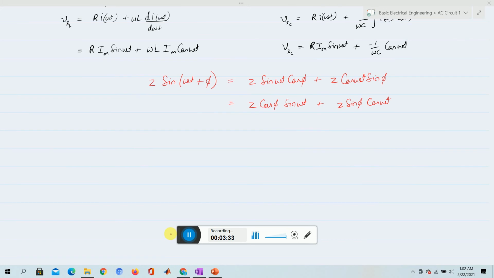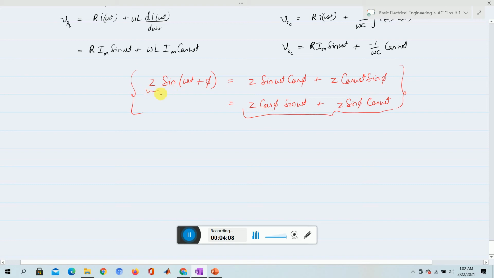We are going to use this equation right now. This term can be written as Z sine of omega t plus phi. If you have the form of cos phi sine omega t or sine phi cos omega t, and Z may be any constant, we can rewrite this type of equation in this form.